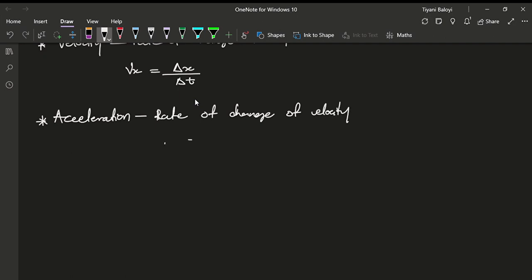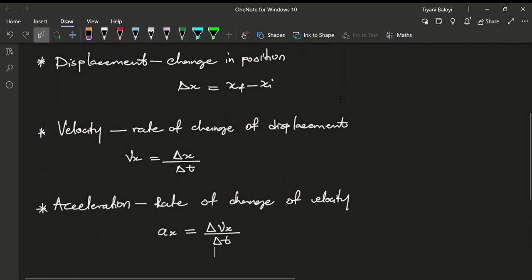So we represent this mathematically as ax is equal to change in vx over change in time, right? Which you can also represent as dv over dt, right? So this is our average acceleration. So we have found displacement, velocity, and acceleration, right?